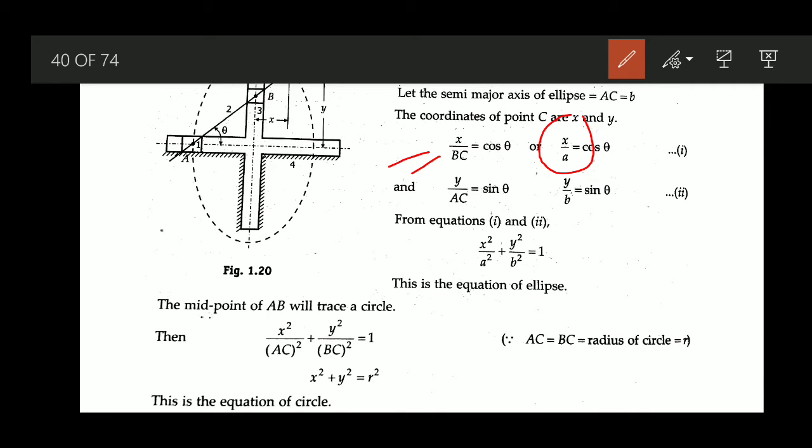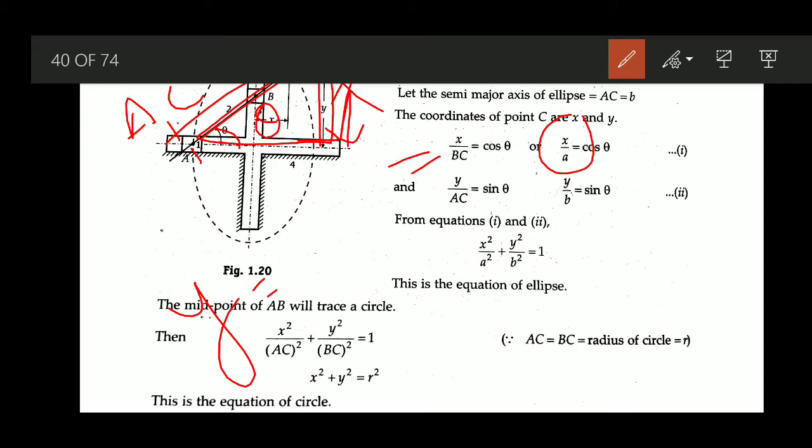Similarly, about y, from here to here this is y. If we consider this, the angle is theta, and this length is basically your AC.